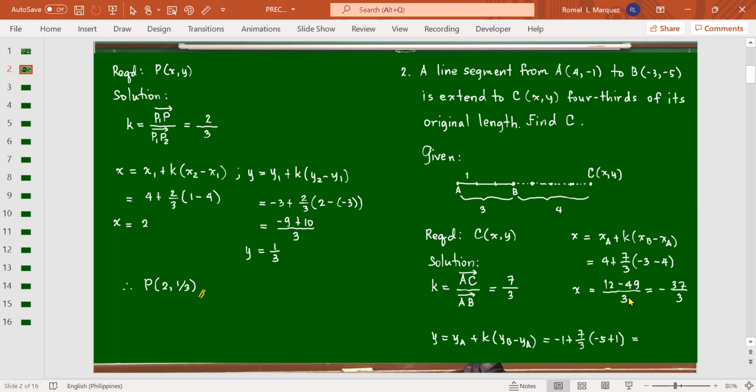What's the value, guys? Negative 31/3. So finally, what is our point C? Negative 37/3, negative 31/3. Get it, guys? So this is our answer. Okay?